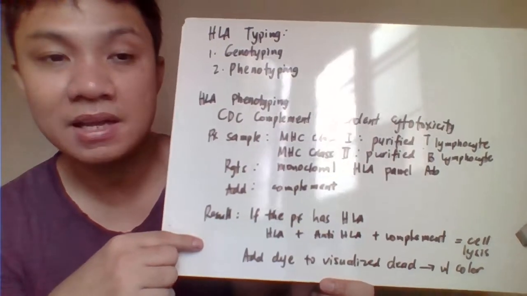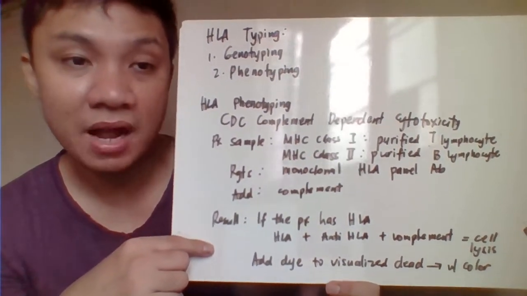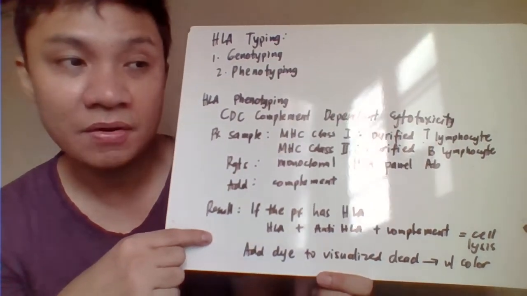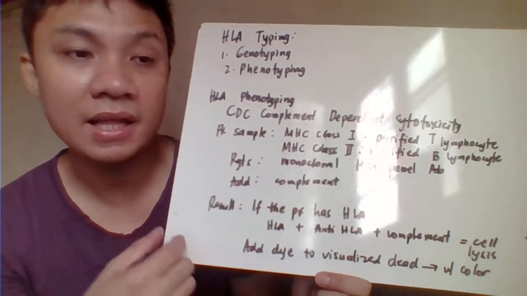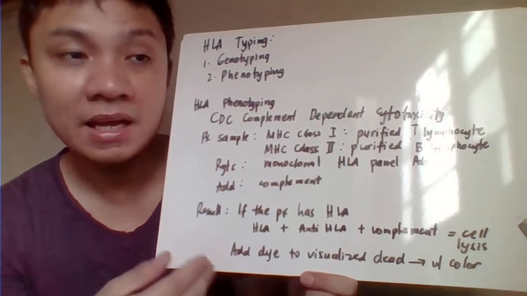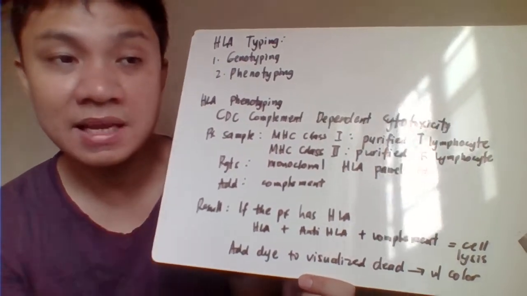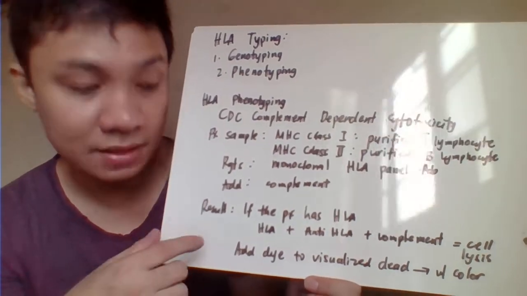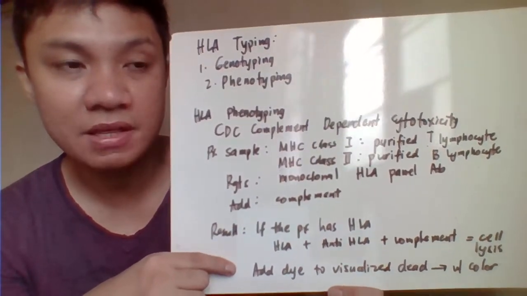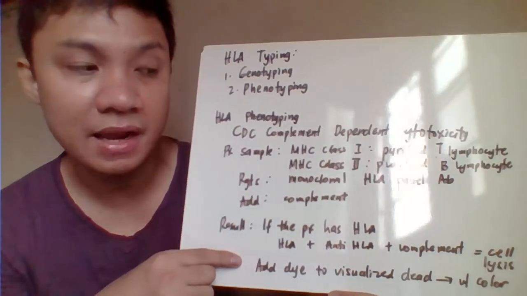Then you need to add dye in order to visualize the reaction. So dead cells will take up the dye, and then they will be colored, and your alive cells, pag alive ang cells, it means wala siyang corresponding HLA antibody, wala siyang HLA antigen. Okay, then that's what you're going to observe for the percentage of your dead versus your alive cells.